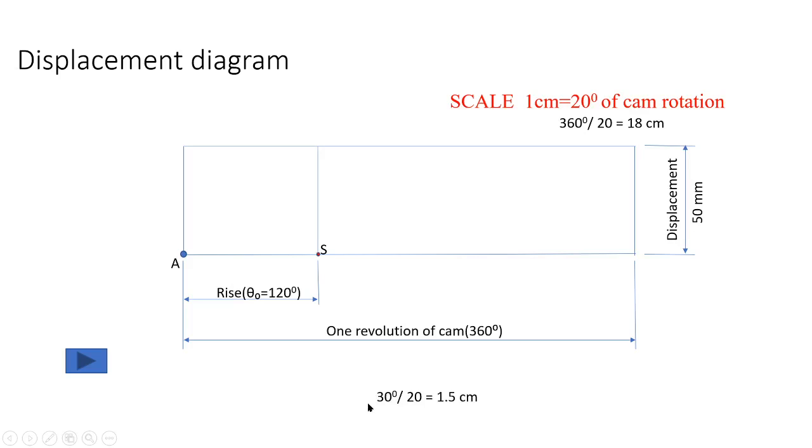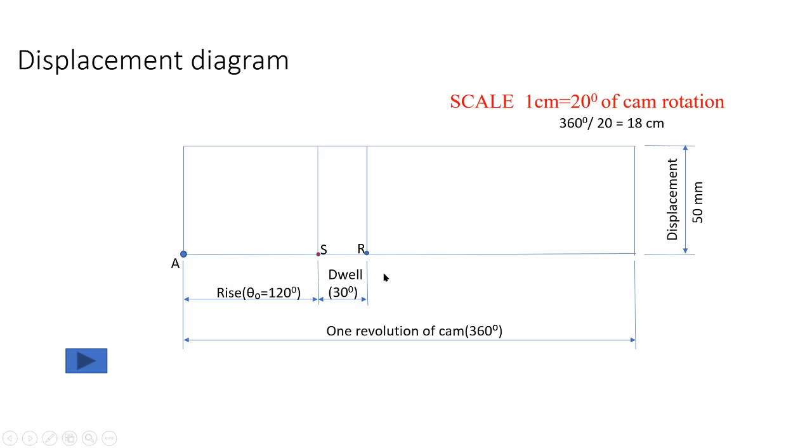Dwell period. In this problem, the dwell period is 30 degrees. So convert this 30 degrees into linear distance. 30 divided by 20 is equal to 1.5 centimeters. Now from point S, you measure 1.5 centimeters. This line segment SR represents the dwell period.